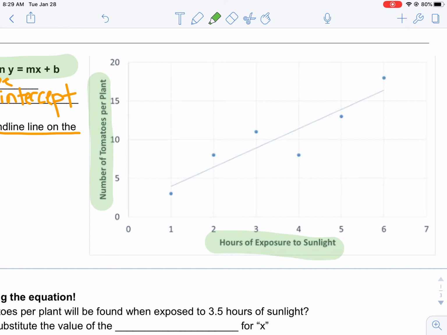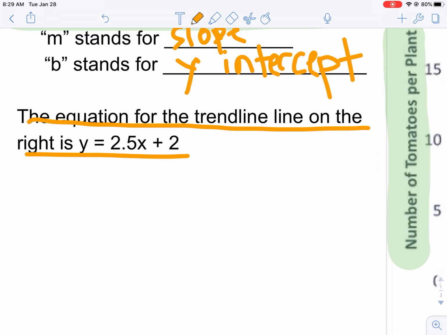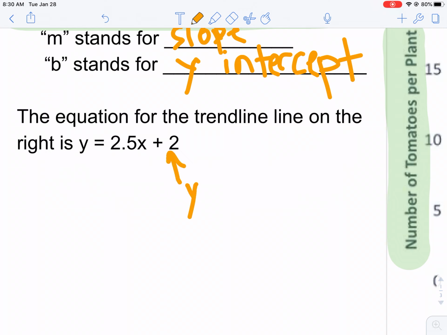That makes sense, right? Plants need sunlight to grow and to make stuff like tomatoes on them if they're a tomato plant. So it's saying that this is the equation. If this is the expression here, then this is our y-intercept. This is our y-intercept.